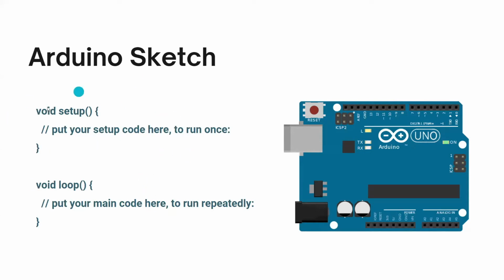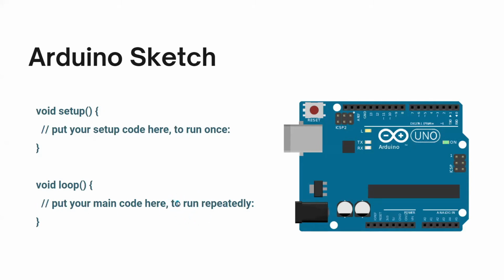We will learn the coding of Arduino in further slides. As of now, what you need to learn is that there are two functions in a Sketch: void setup and void loop. Whatever is written in void setup runs only once, and whatever is written in void loop runs as long as your device has power.